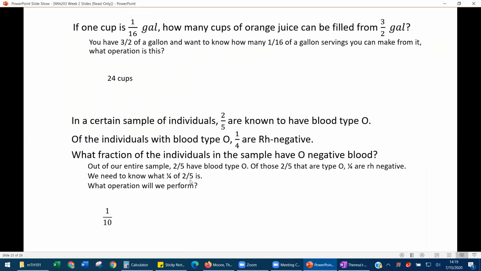So a fourth of 2/5, we multiply a fourth times 2/5, we end up at 1/10. We'll get into this later, but fractions and decimals are closely related. A fourth of something is the same as 25% of something. So you can kind of think of it as multiplying by a percent. But we'll talk more about that later. Just know that the word of indicates multiplication.